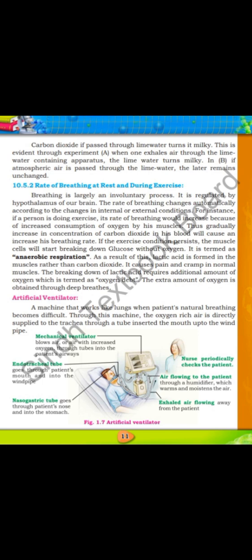Through this machine, the oxygen rich air is directly supplied to the trachea through a tube inserted through the mouth up to the windpipe. So here in figure 1.7, artificial ventilator has been shown. You can see the system of artificial ventilation.